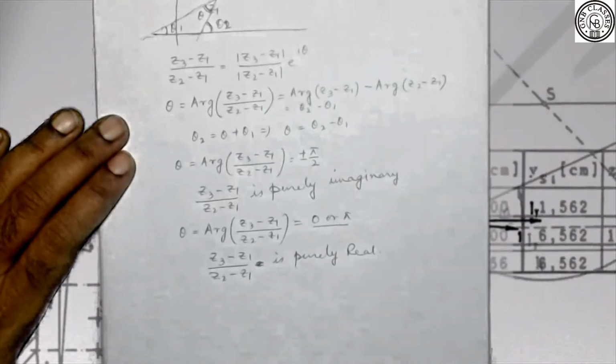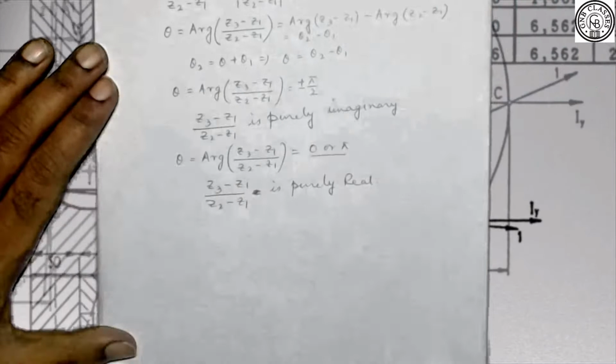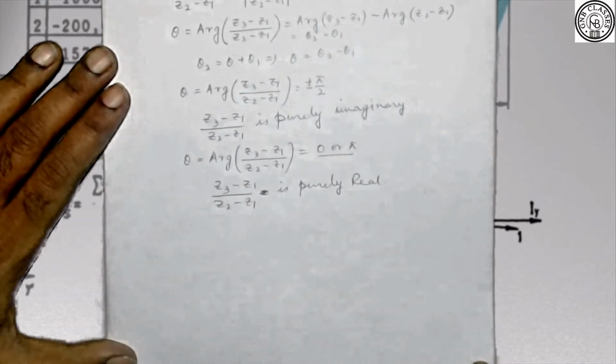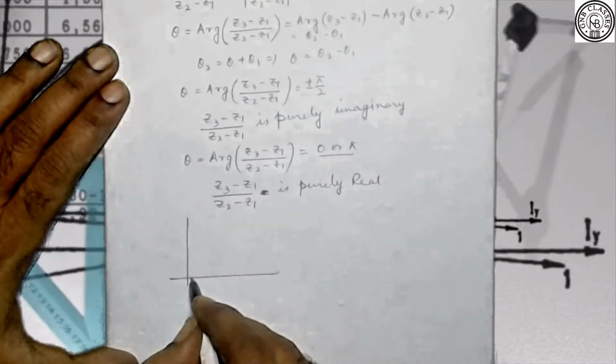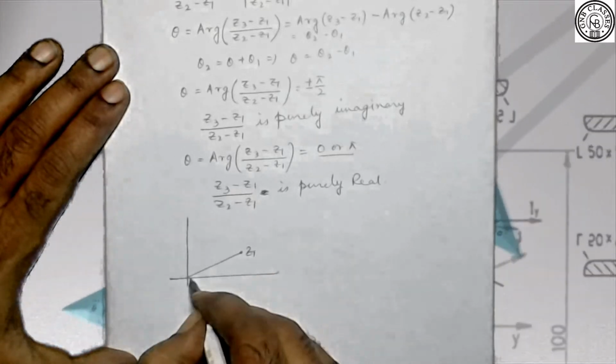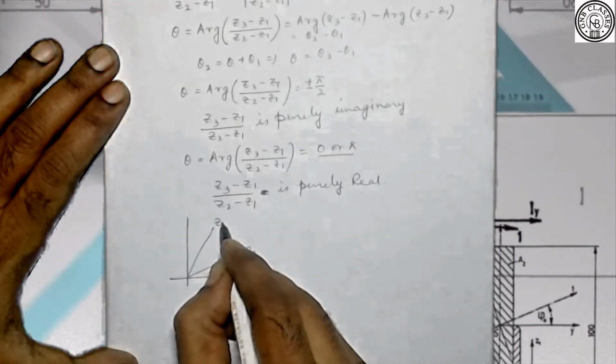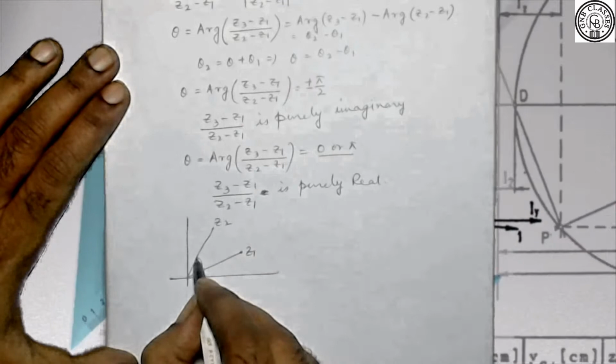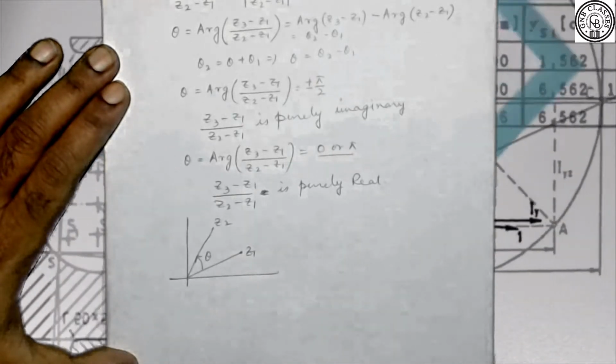Now, there is a very important point also. Just a little derivation. Suppose this is Z1, this is again Z2, and the angle between them is theta.